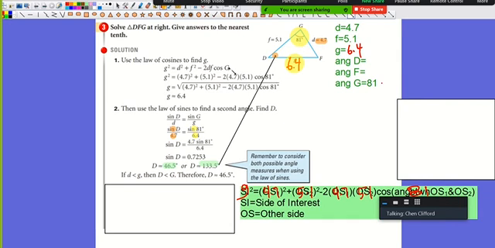Sometimes that quadrant 2 angle will be a feasible answer. Actually, I don't know, I'll take that back. Off the top of my head, it won't be, but I still want you to do that check. So as of right now, we got this 46.5.